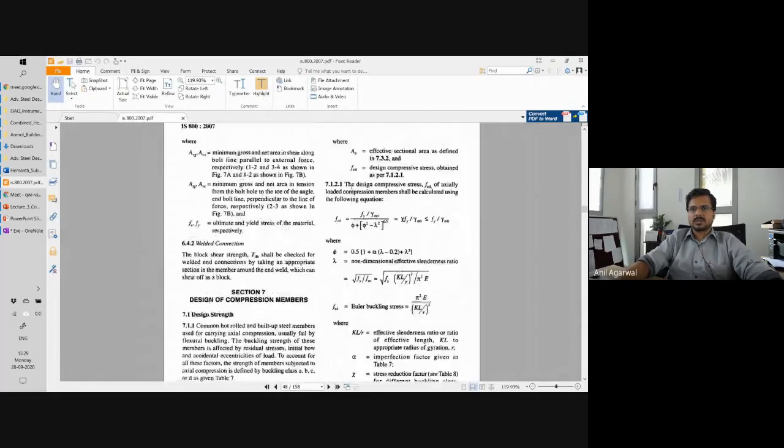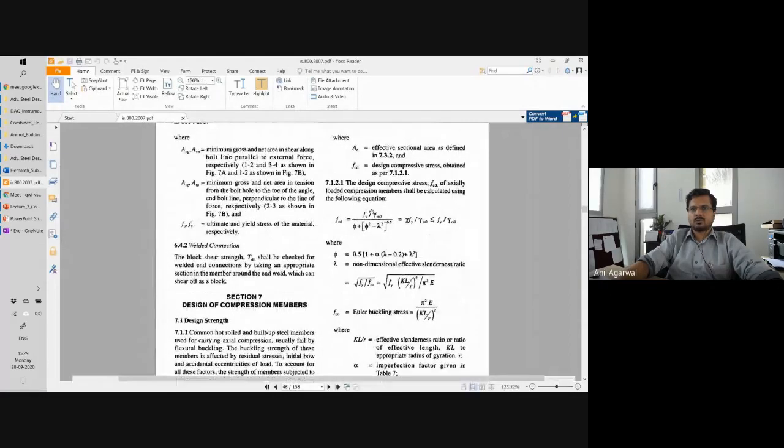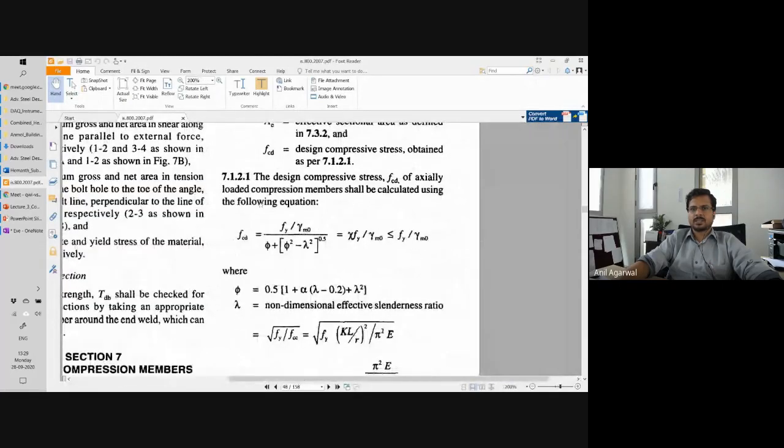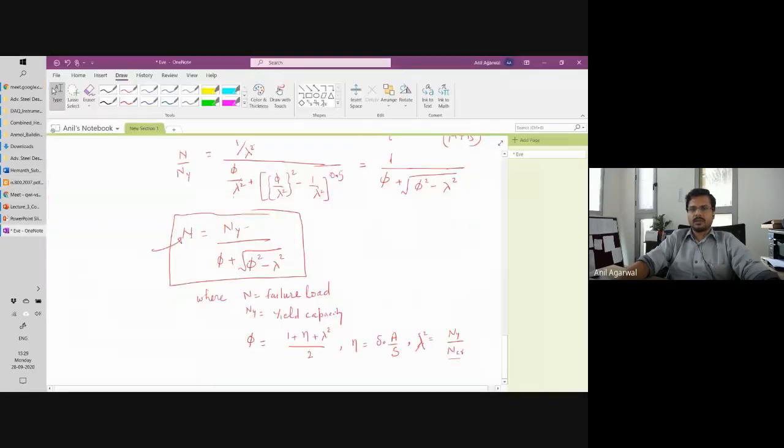If you look at this expression under heading 7.1.2.1, the design compressive stress of an axially loaded compression member shall be calculated using the following equation. FCD, which is basically your design compressive capacity, okay, that is your design load, that is equal to, now ignore the gamma factor, that is a factor of safety that comes later, is equal to Fy. What did we have? Failure capacity N was equal to Ny.